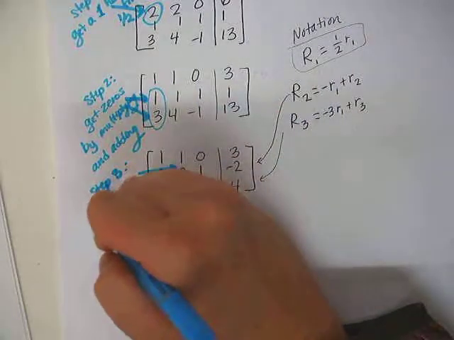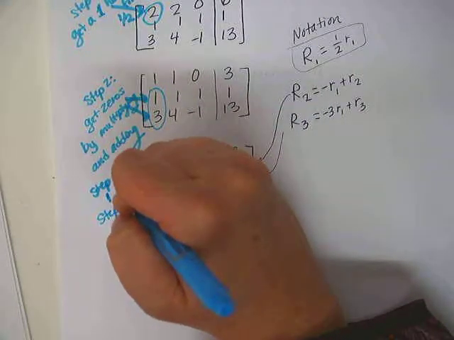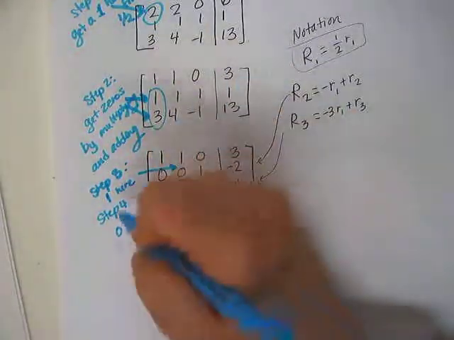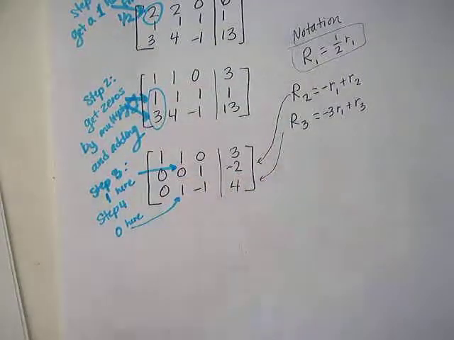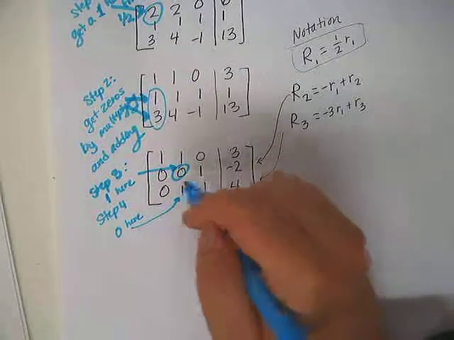Now, our next goal, step 3, we want a 1 here, and then step 4, we want a 0 here. One of our rules is that we could trade any 2 rows.